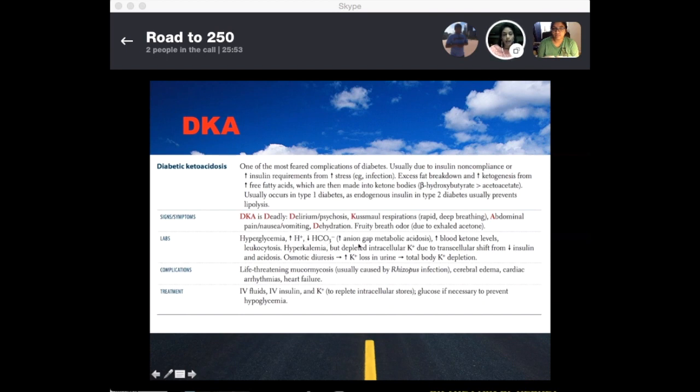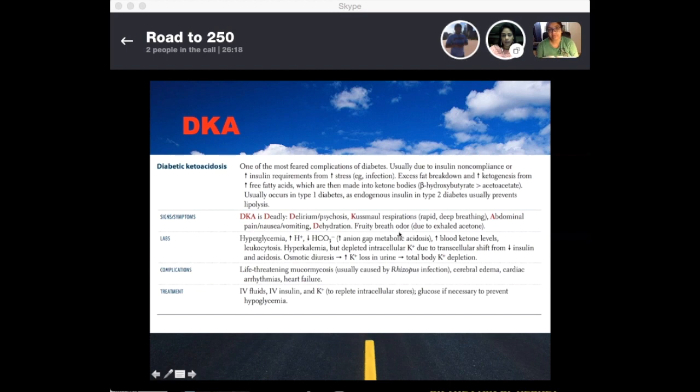Decreased bicarb, and they have an increased anion gap metabolic acidosis. So what would an anion gap have to be greater than in order to be considered metabolic acidosis? 15? Yeah, greater than 12.